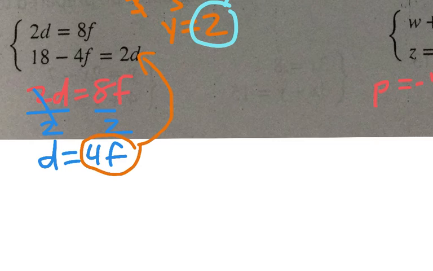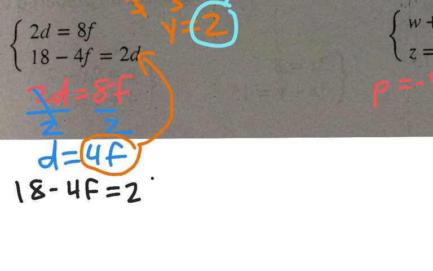So in this case, that would be the second equation. So I'm plugging 4f in for d. And so that would be 18 minus 4f equals 2 times d. But now I know d is 4f.